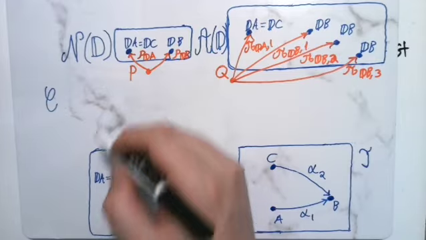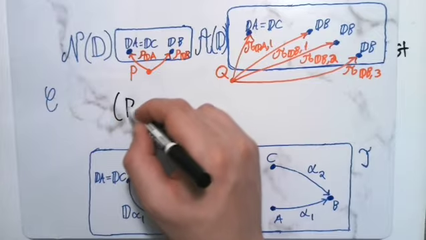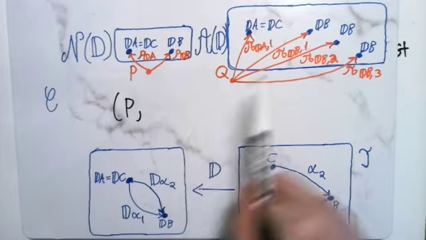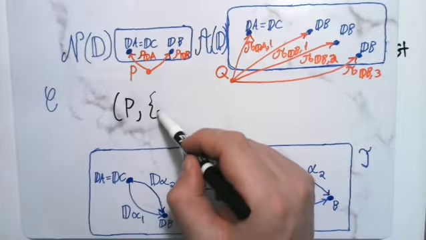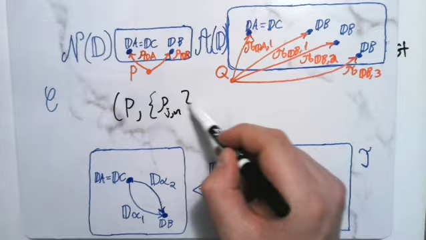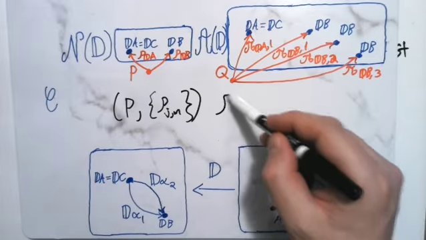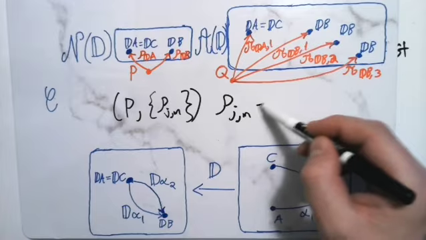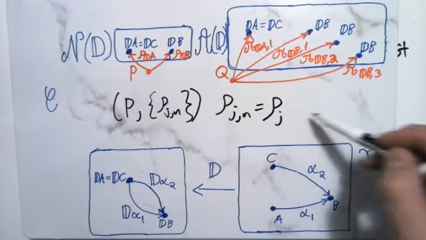So what we can say is that we can have a cone P and then maybe call it rho j and index it with n as well this time, but where each rho jn is just equal to rho j for all of the n's.